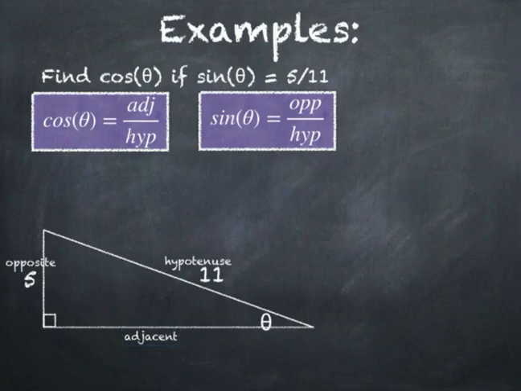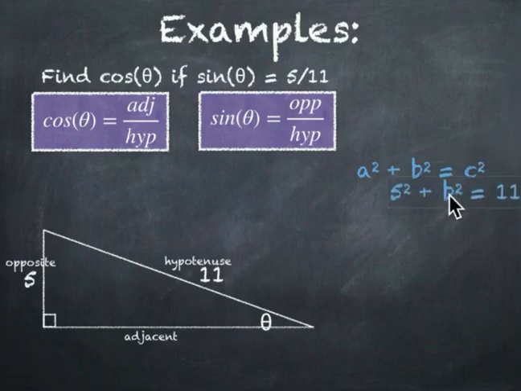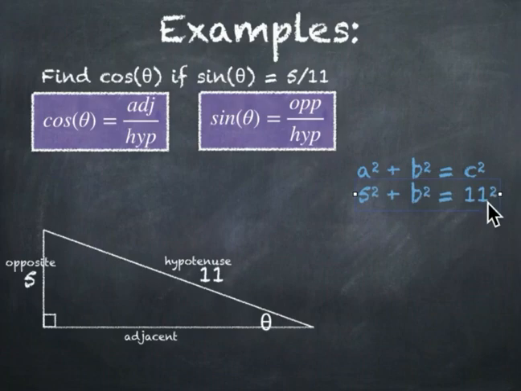Again, to find the adjacent side, we can use the Pythagorean theorem. Remember, the Pythagorean theorem says that a squared plus b squared equals c squared. And in this case, we know one of the small sides, and we know the long side. And so let's label that as 5 squared plus something squared equals 11 squared. 5 squared is 25, 11 squared is 121.